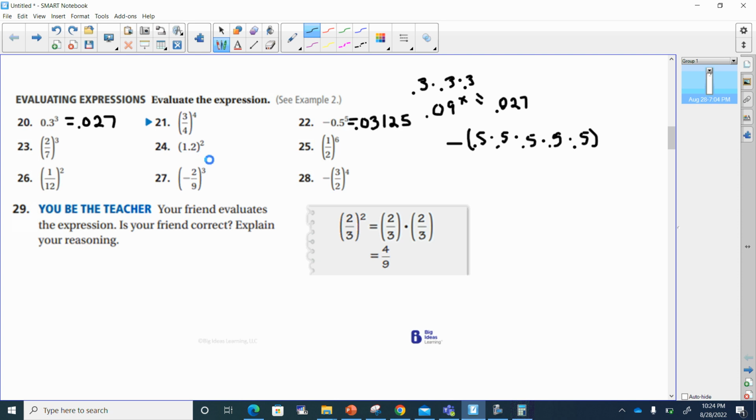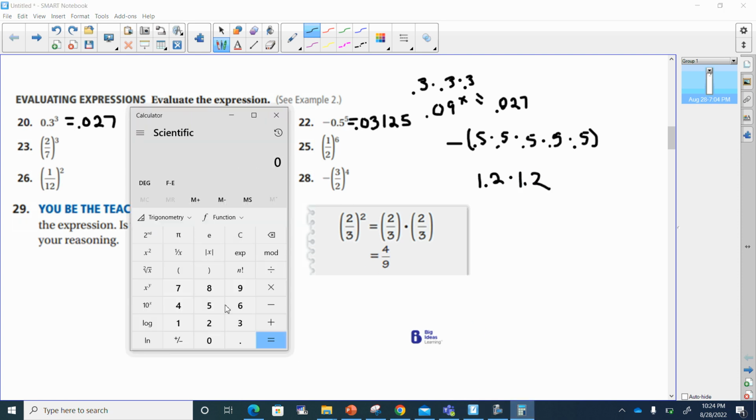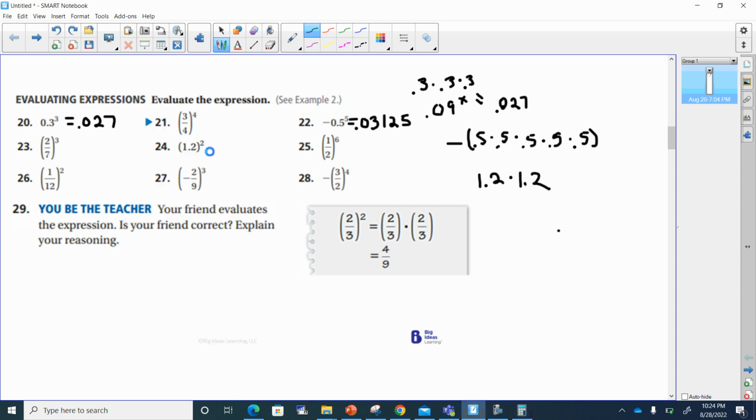24 is just 1.2 times 1.2. Well, when I do that, 1.2 times 1.2, I'm going to get 1.44. All right, next is number 26.